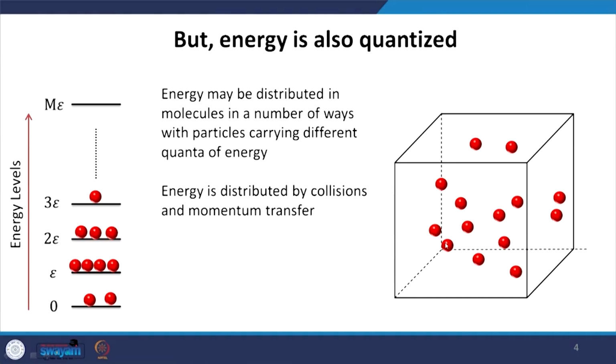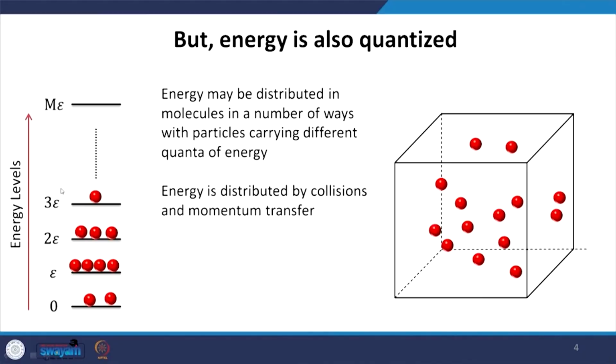Let us say, for example, 2 of these particles may have energy 0, they may be in the ground state. 4 of them may have an energy of epsilon, in the first excited state. 3 of them may have an energy of 2 epsilon, in the second excited state. When we talk about, say, a hydrogen atom, this corresponds to 1s, 2s, 3s orbitals and so on. Similarly, for 3 epsilon we have one particle, so it has 3 packets of energy.